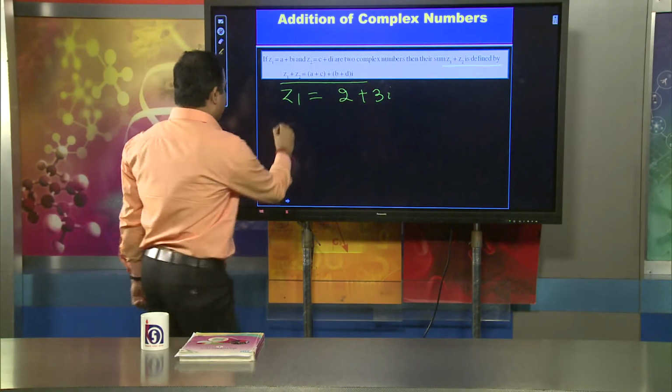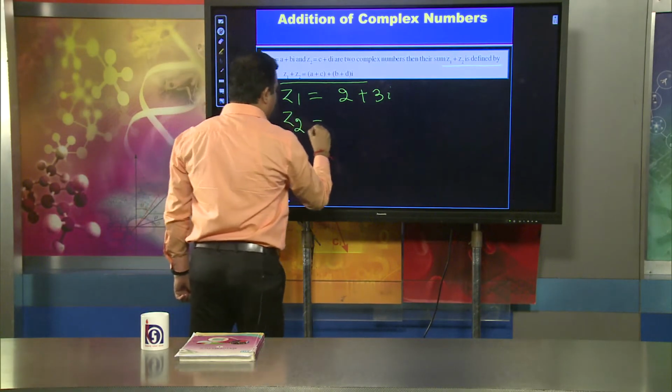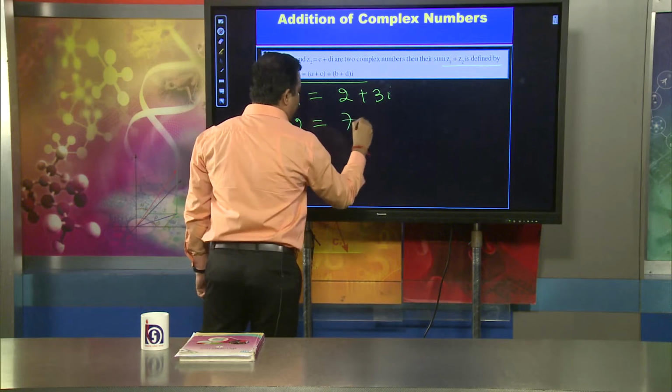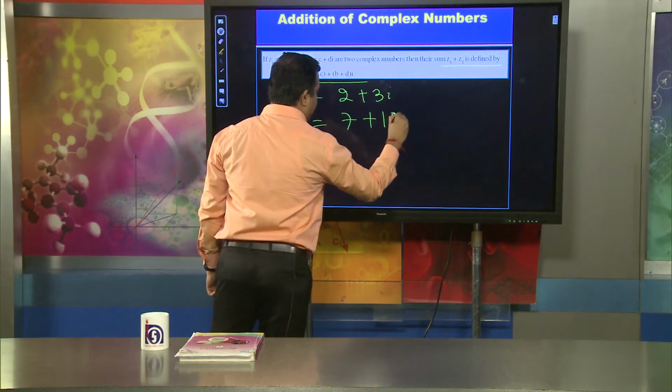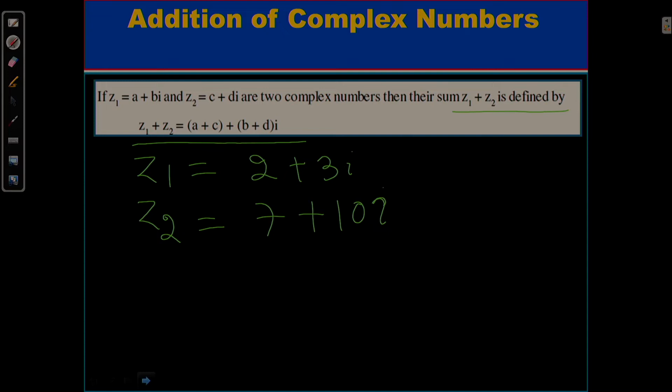Z2 is another complex number, suppose 7 plus 10i. Now the question is, what will be the value of Z1 plus Z2?